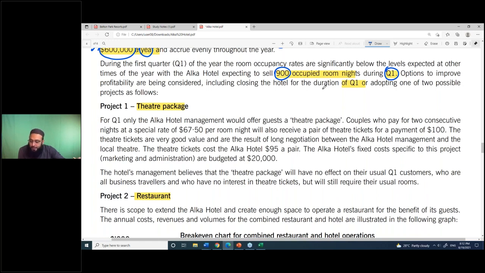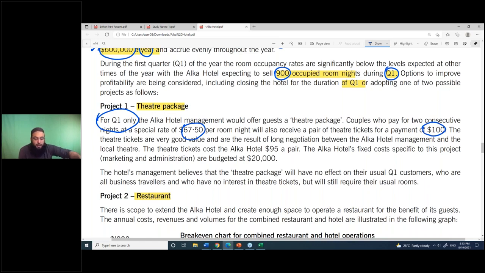They say, for quarter one only, the Alka Hotel Management would offer guests a theater package. Couples who pay for 2 consecutive nights at a special rate of 67.5 per room will also receive a pair of theater tickets for a payment of $100.